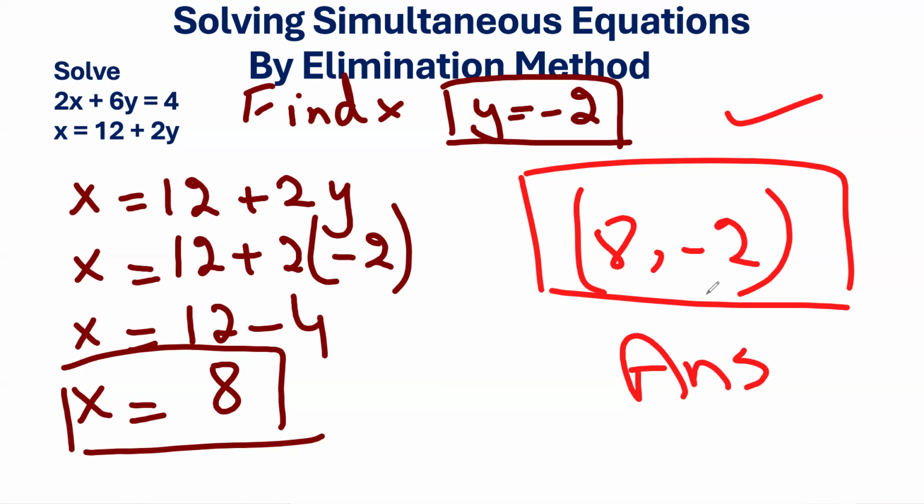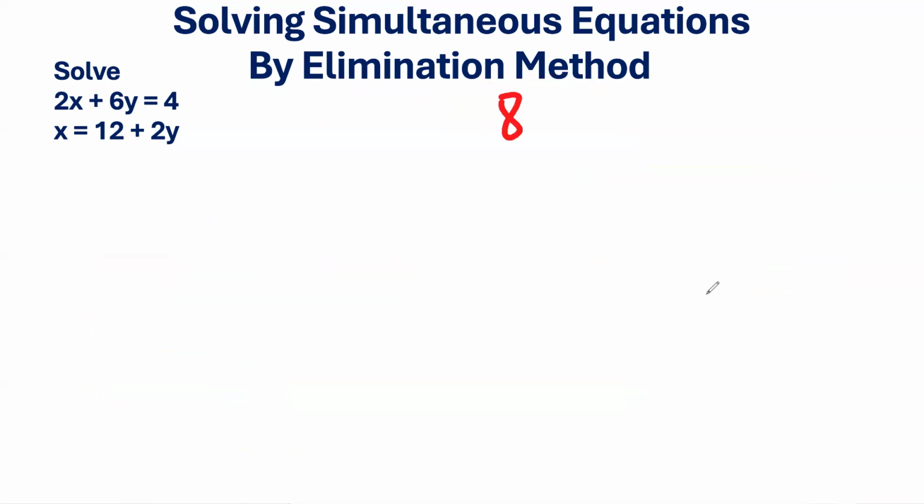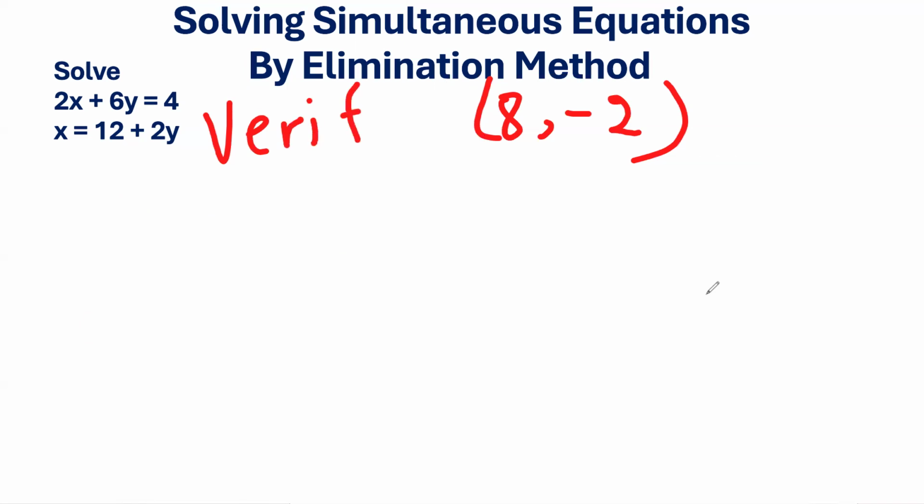For 8, comma, -2, we are verifying. Let's see how to do verification. Any equation you can use, equation 1 or equation 2. So now, equation 1 is 2x plus 6y is equal to 4.